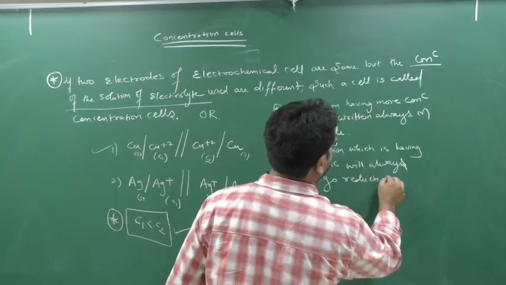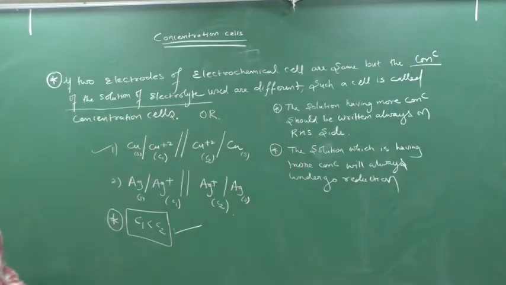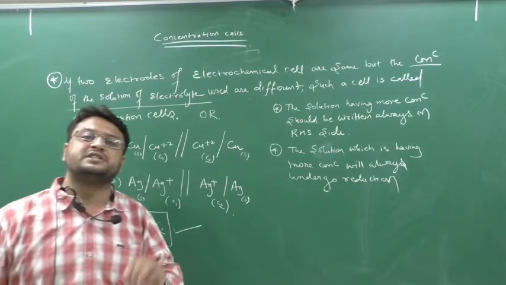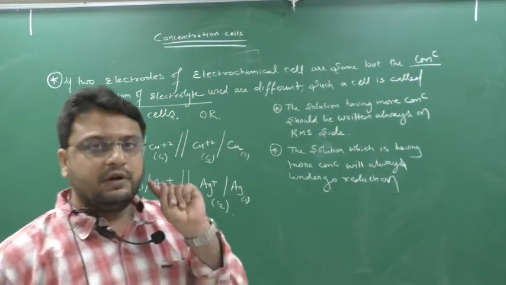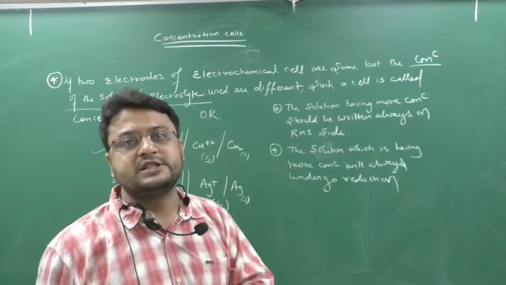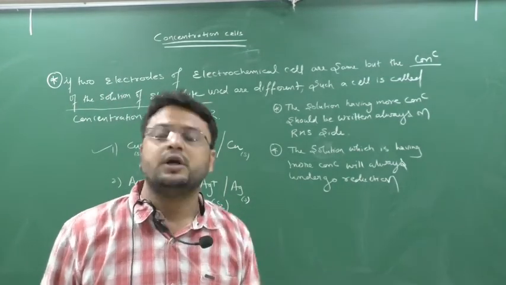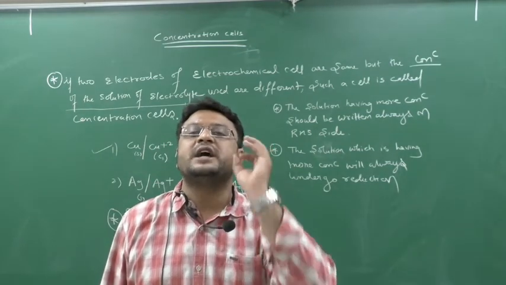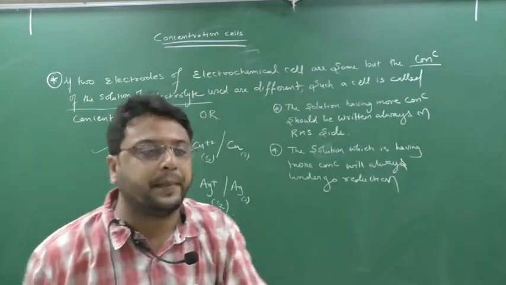From here only I can say, RHS side means cathode, and at the cathode what will occur? Reduction. So, the first MCQ: C1 will always be less than C2, meaning the solution having more concentration will always be written on the RHS side and will always undergo reduction. In short, the solution having more concentration will always act as the cathodic compartment.